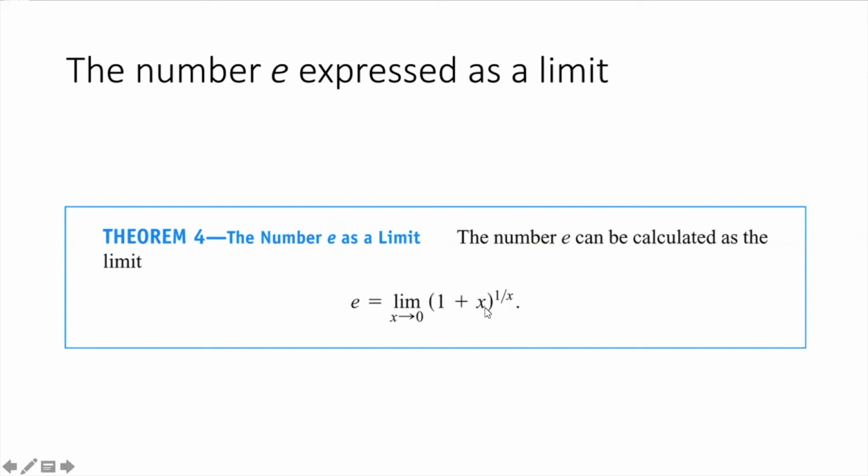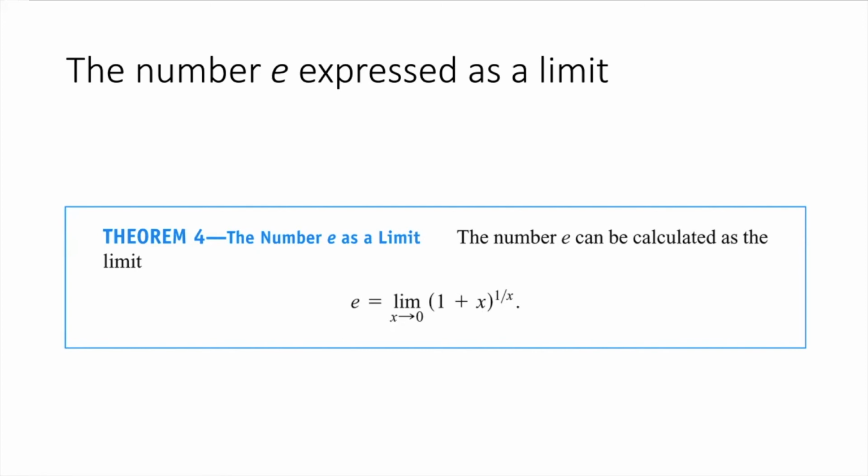In this case, the base would be 1 plus 0, which is 1, and the exponent would be 1 over 0, which is undefined, but we treat it as infinity. So this limit has the form 1 to the power infinity, which is what we call an indeterminate form. It gives you absolutely no information about what the limit is.